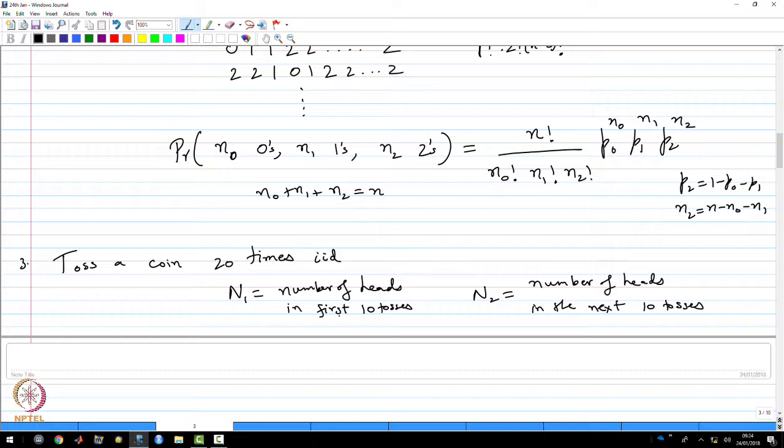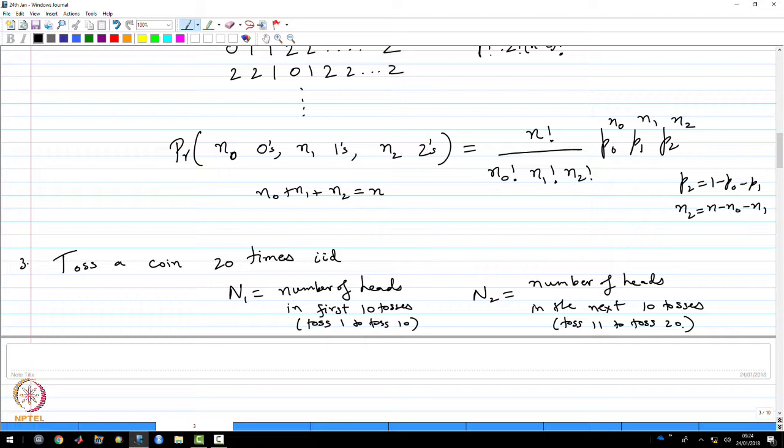So what do I mean by this? When I say first 10 tosses, I mean toss 1 to toss 10. When I say next 10 tosses, I mean toss 11 to toss 20. I'm tossing the coin 20 times; in the first 10 tosses, how many heads I got, and in the next 10 tosses, how many heads I got.